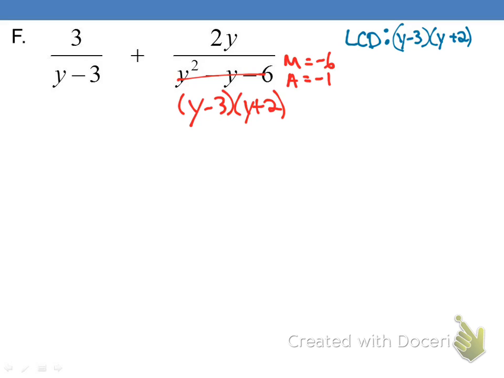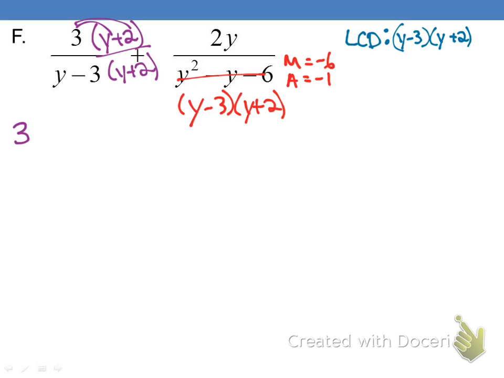What do I do next? You multiply 3 over y minus 3 by y plus 2 over y plus 2. Good. So my first rational expression is missing the y plus 2 part.